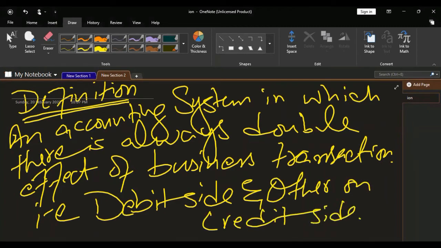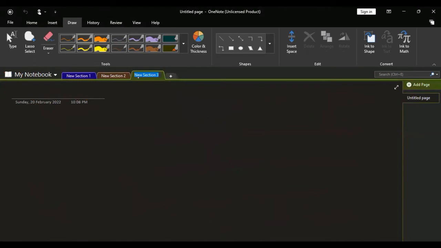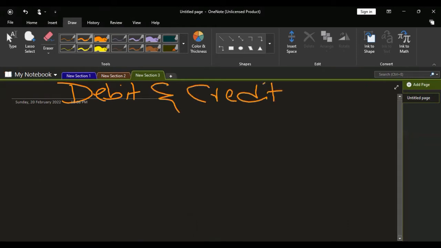So, an accounting system in which every transaction has two impacts. That is, the first effect goes to the debit side and the other effect goes to the credit side. Now we are going to study the debit and credit side basis.